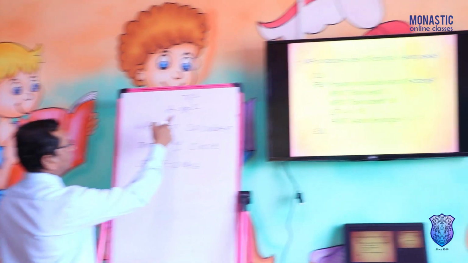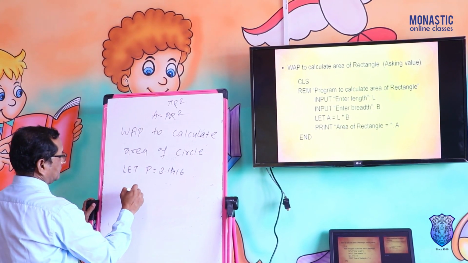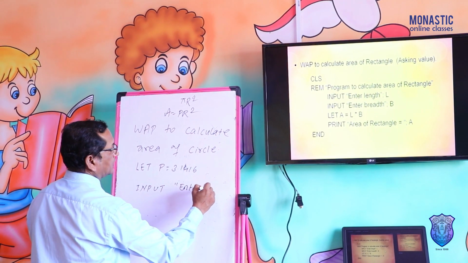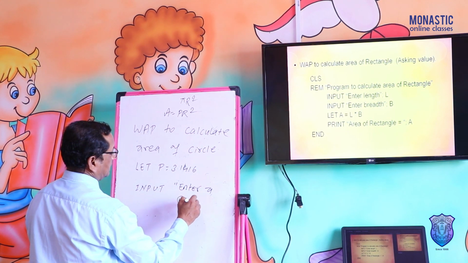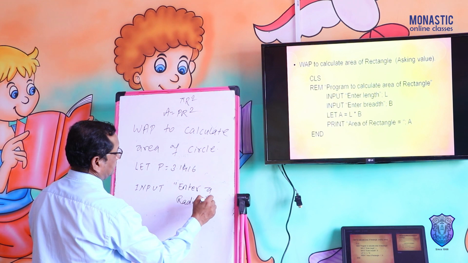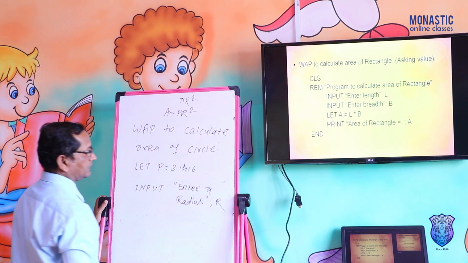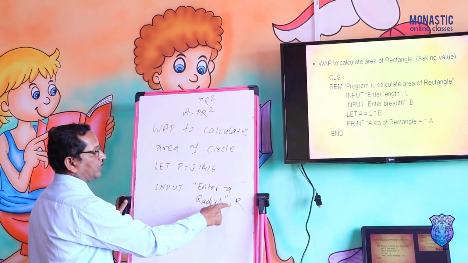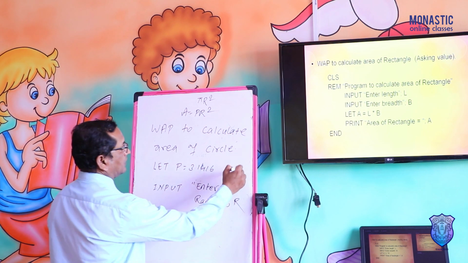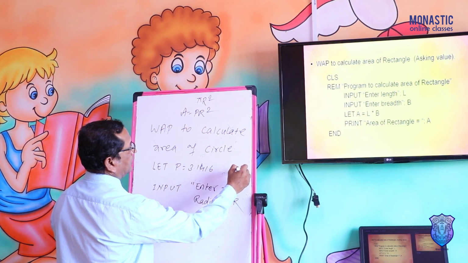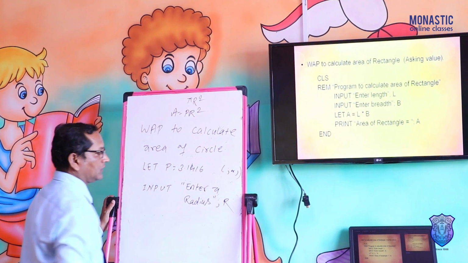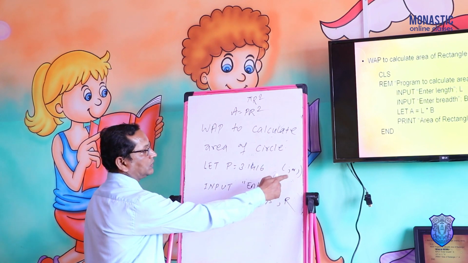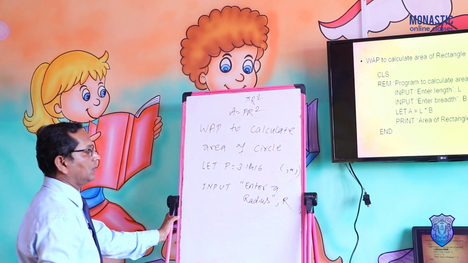Now, the value of R: input, enter a radius, r. The variable separator is a semicolon or comma. Both semicolon and comma can be used anywhere as the separator of variables.